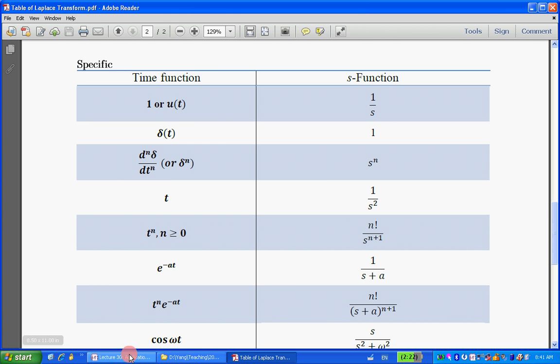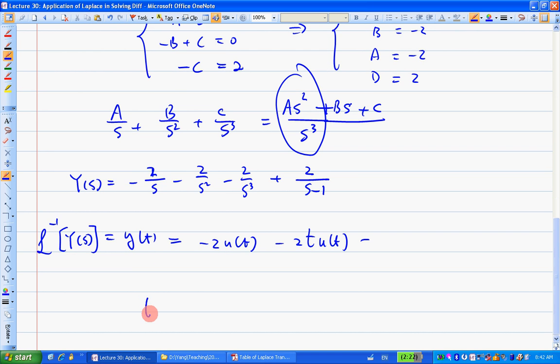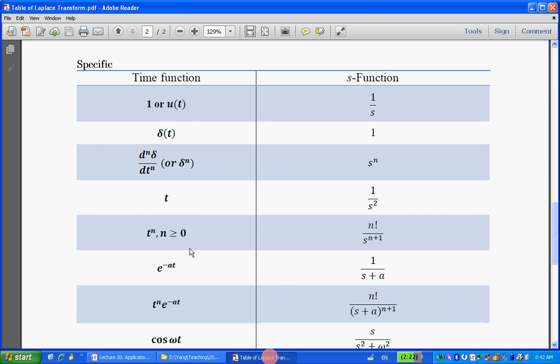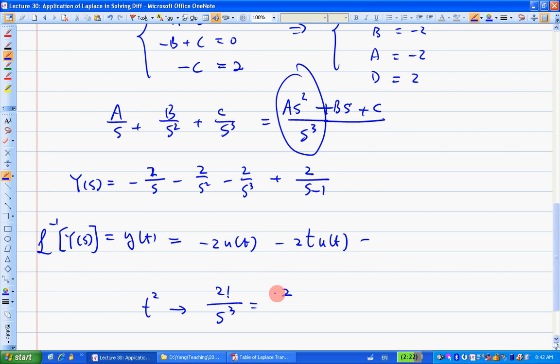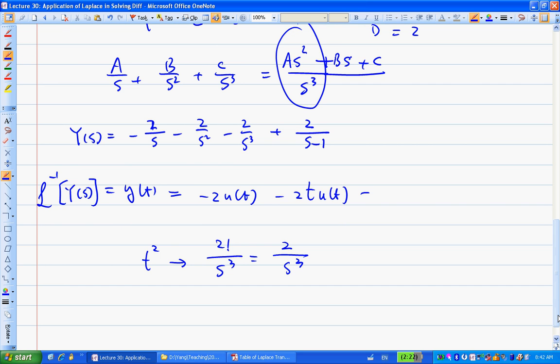According to that formula, t to the power of 2 is changed to 2 factorial over s cubed. So t squared is changed to this one here. If this happens to be 2, that's good. If this is not 2, just put in a 2 and then divide by another 2. So this is basically t squared u of t.